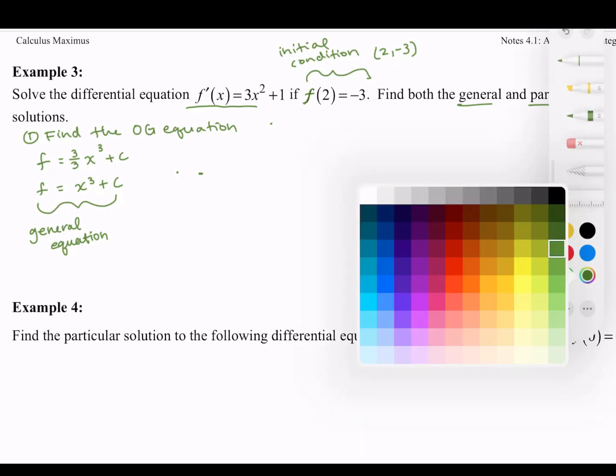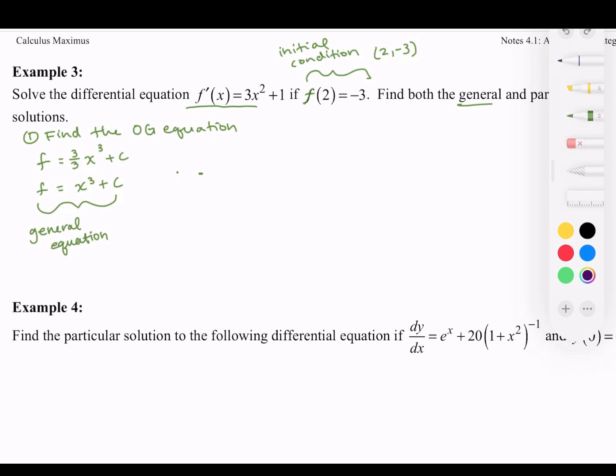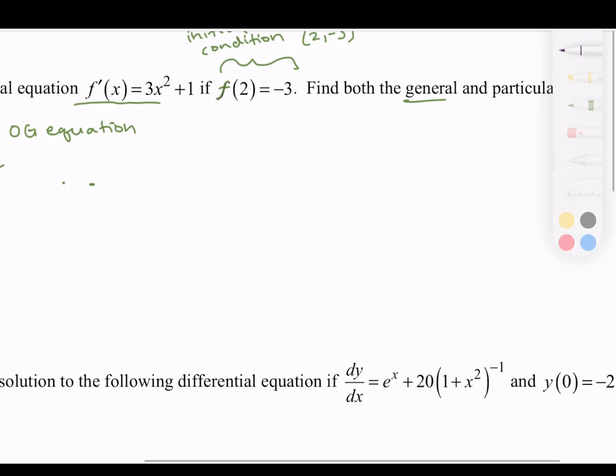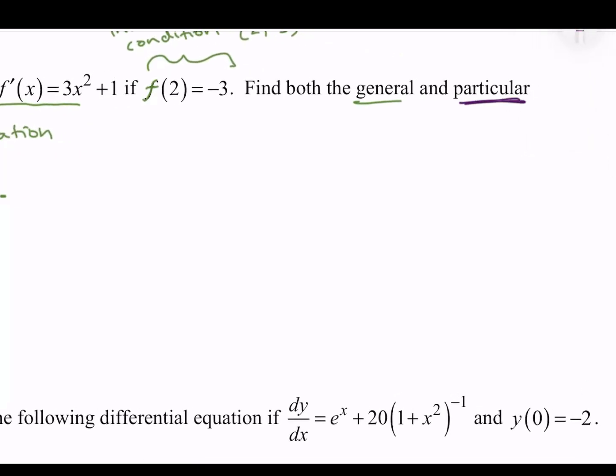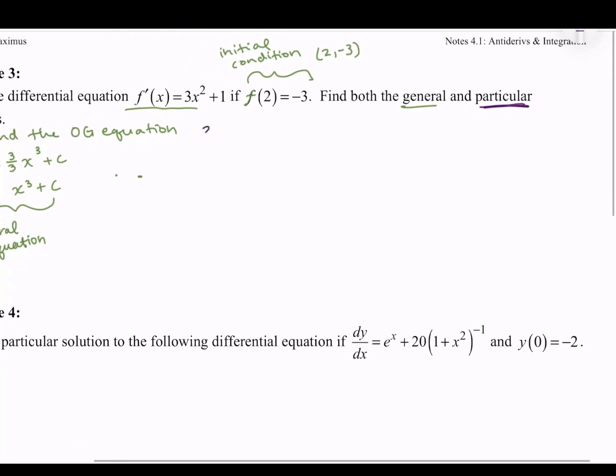Let's change colors. So I'll also erase that. So changing to purple, now I'm going to find my particular equation in purple. So to do that, I'm going to use the initial condition to solve for c. Okay.